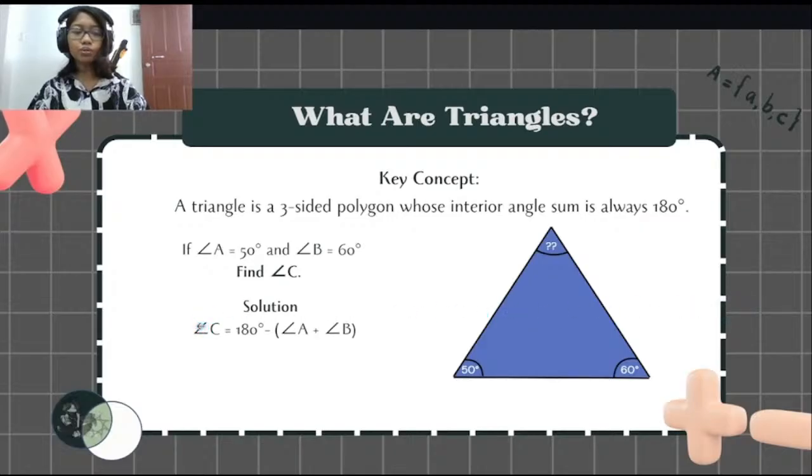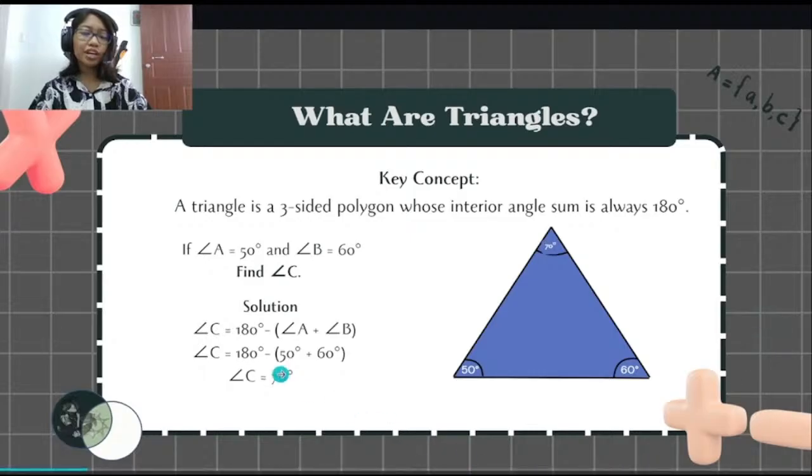Angle C equals 180 degrees minus the sum of angle A and angle B. Then, substitute. Angle A equals 50 degrees, then angle B equals 60 degrees. Then simplify to get angle C equals 70 degrees.